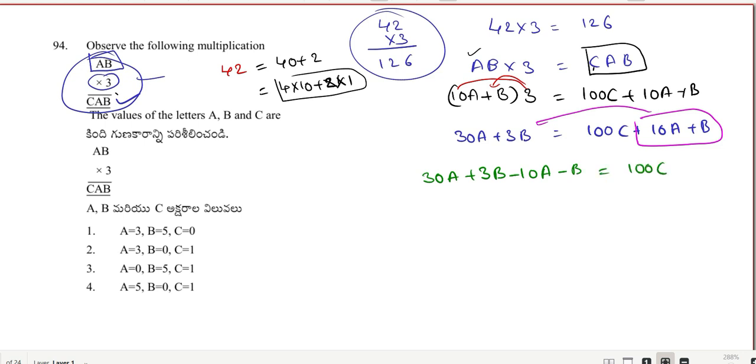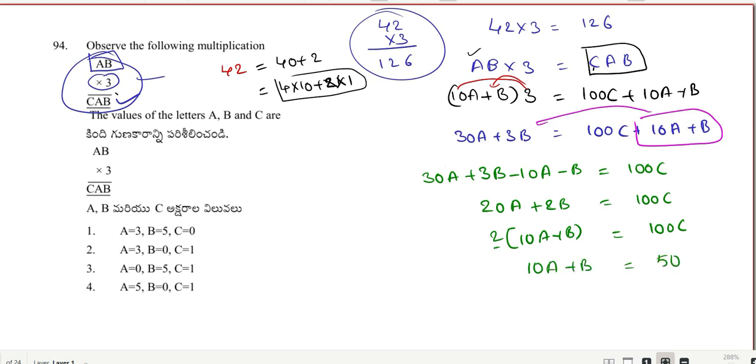So 30A minus 10A is 20A, plus 2B, gives 100C. Taking 2 as common, 10A plus B gives 100C, and transposing this 2 to the other side becomes a divisor. So 10A plus B is equal to 50C.